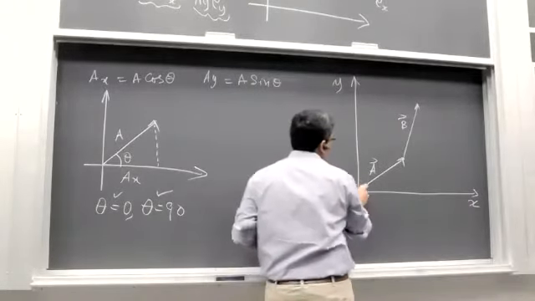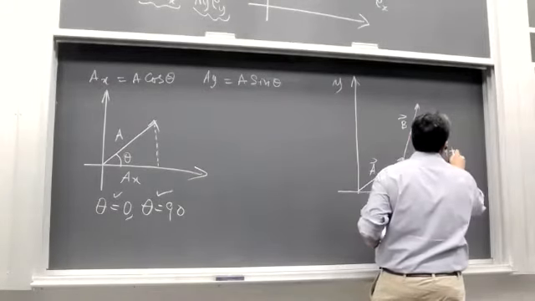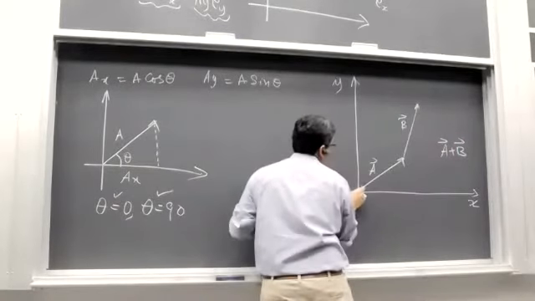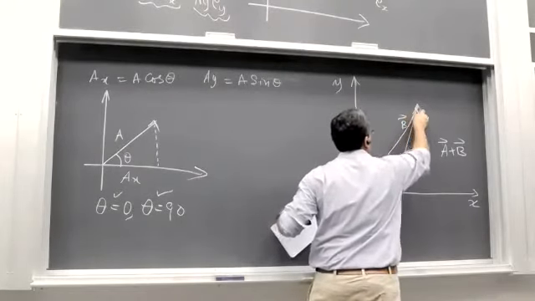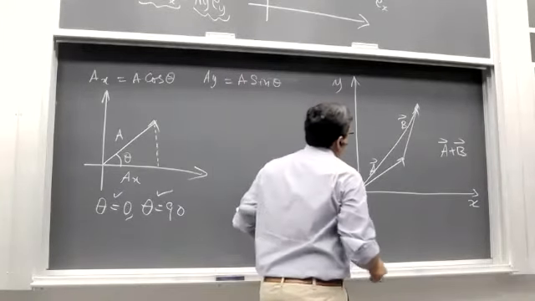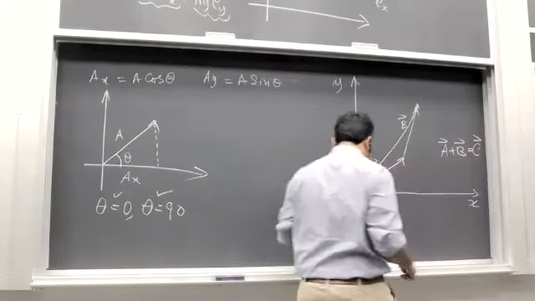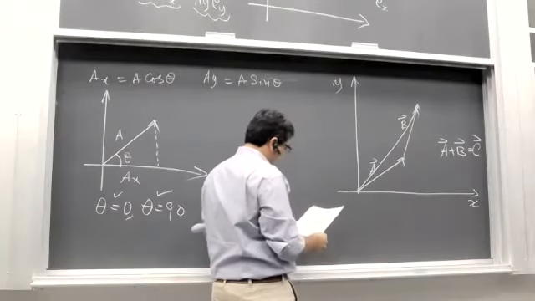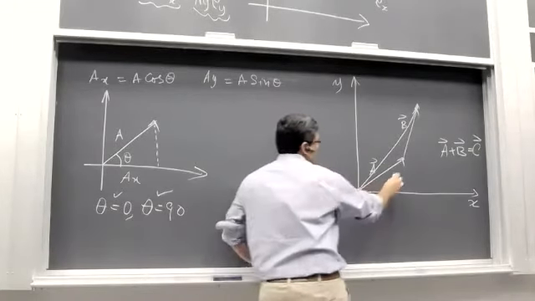Now, pictorially, A plus B would be this vector. All right. And let's call this resultant vector C. Now, just look at the picture.